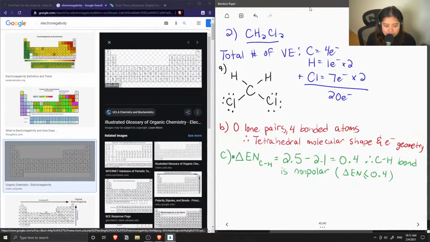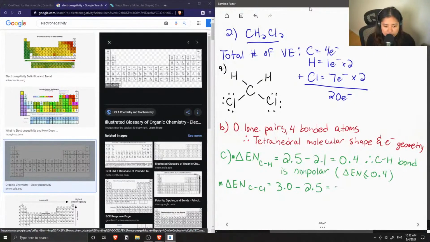Okay, so now let's calculate the electronegativity difference between carbon and chlorine. So chlorine's electronegativity value is 3, and carbon's was 2.5.